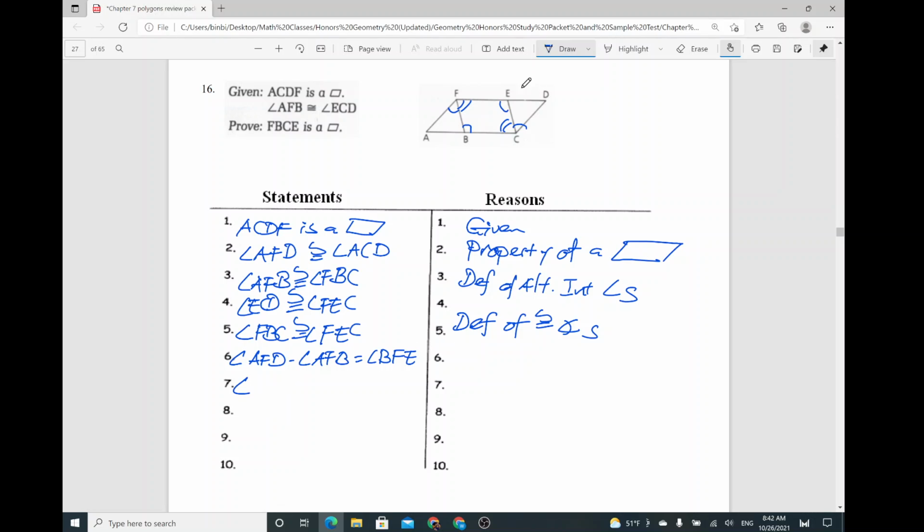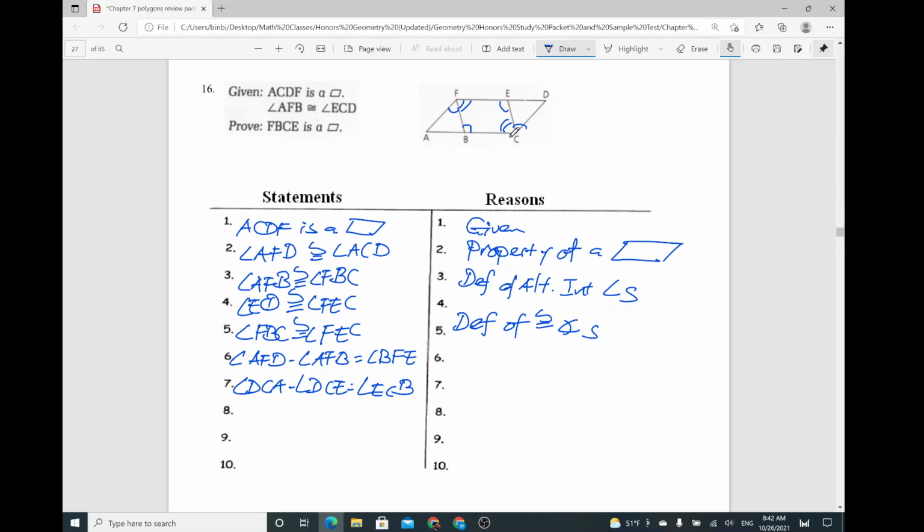And also for the other side, similar, angle DCA minus angle DCE, so you'll get angle ECB.